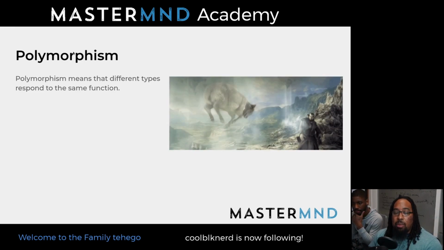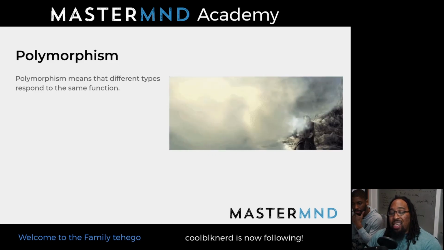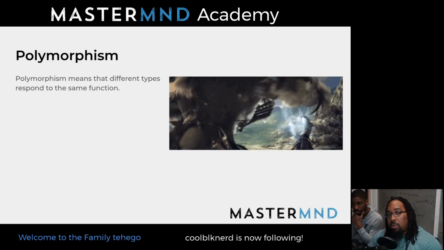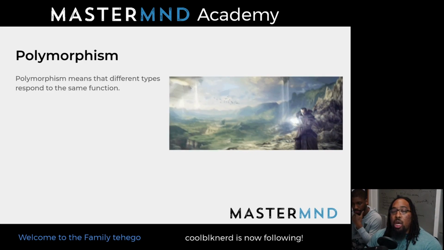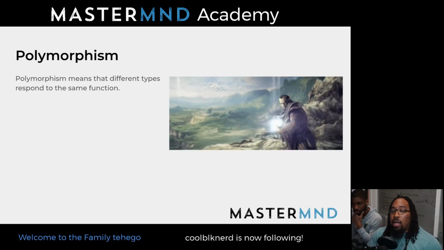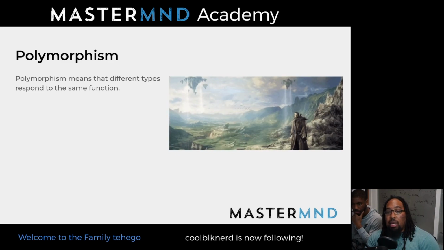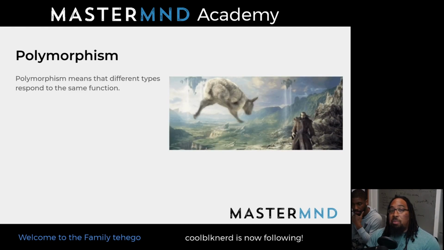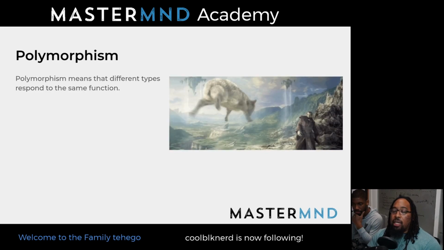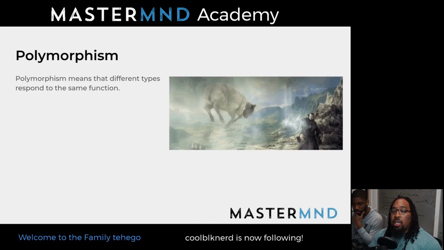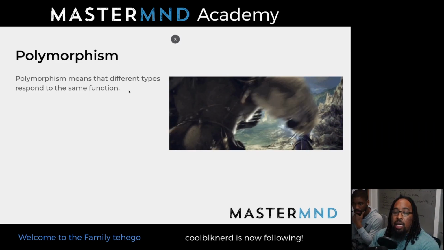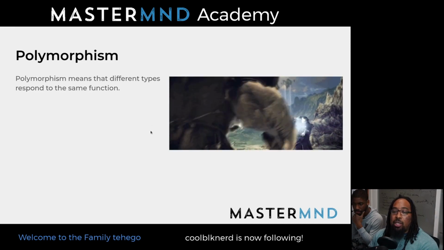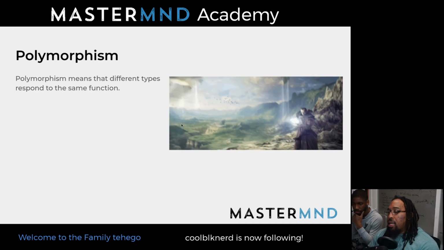It's commonly talked about in object-oriented programming, but most functions are actually polymorphic by nature. Poly means many, and morphism means forms, so the word means many forms. It's the idea that things can respond differently to the same methods, functions and input, and you can get different output based on those things. We'll dive a little bit deeper into that in a second.